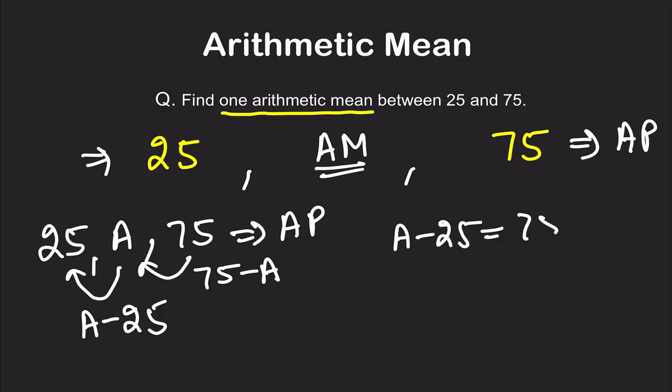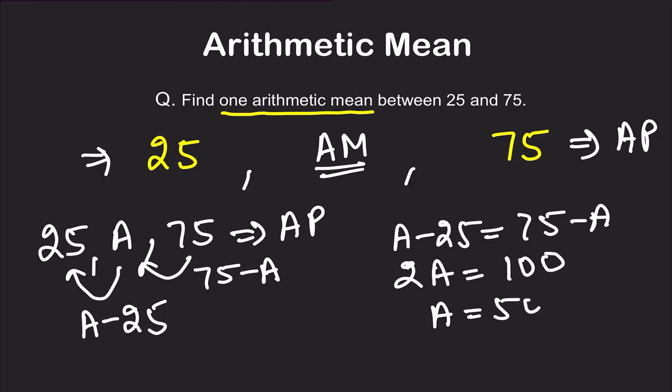A minus 25 is equal to 75 minus A. Then 2A is 100, A is 50. So 50 is the term which is the arithmetic mean between the two numbers 25 and 75. Why? Because when we put 50 in between, it will become an arithmetic progression series. I hope this is clear, how to calculate one arithmetic mean between two numbers.